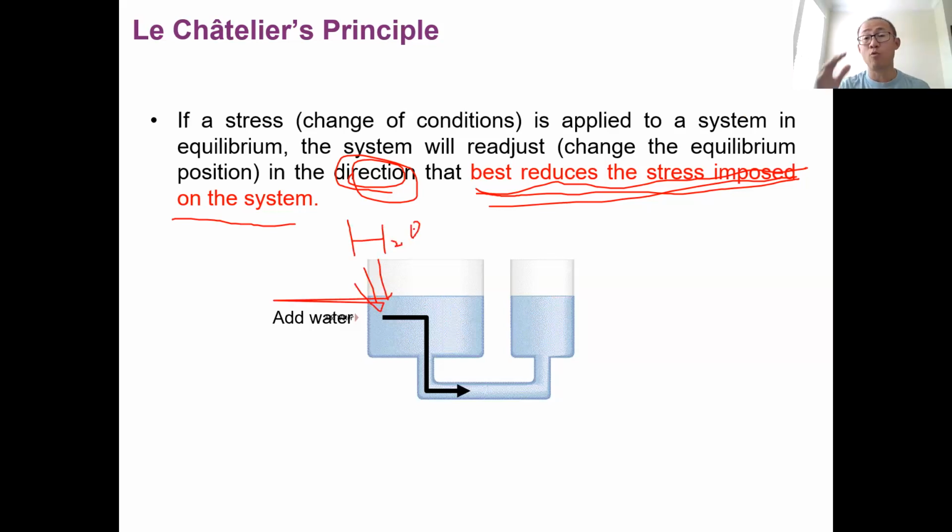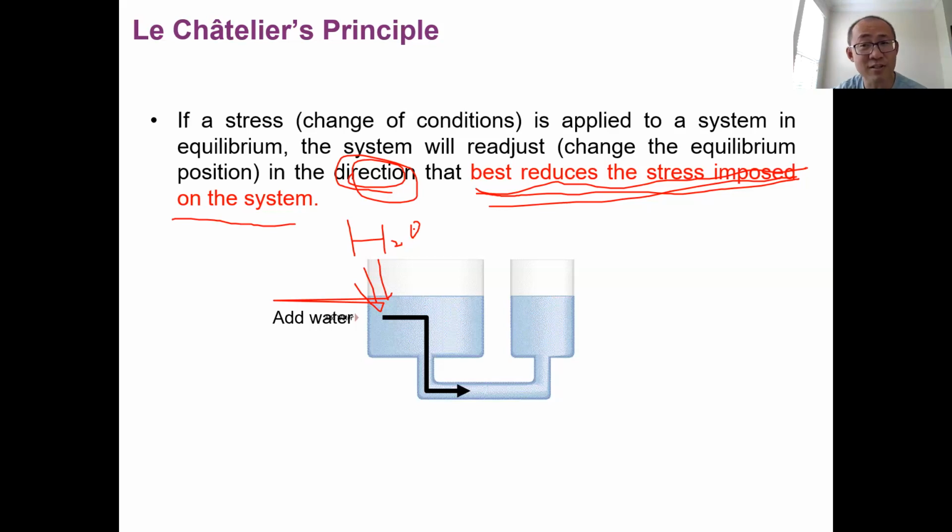That means you're doing some disturbance, some alteration. Then what happens? From life experience, we know the water is going to flow to the right, to the small tank, because you added water to the big one. So after the water flows to the right tank, that means the equilibrium has shifted to the right.